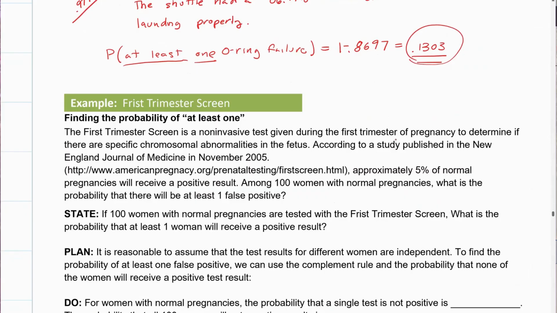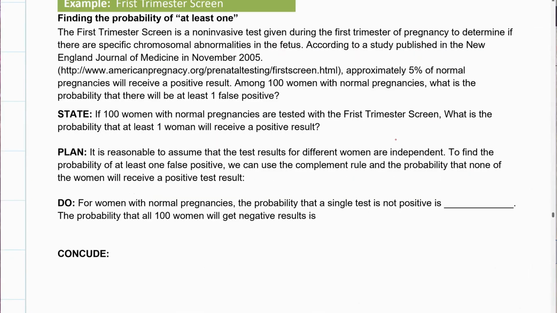So this idea of at least one has some really, really strange effects. The first trimester screen is a non-invasive test given in the first trimester of pregnancy to determine if there are specific chromosomal abnormalities in the fetus.